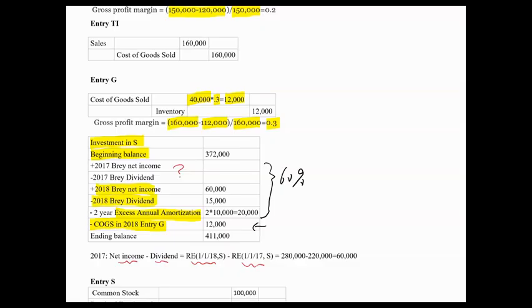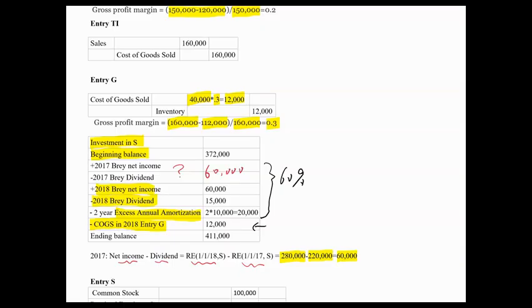At the beginning of 2018, the balance of retained earnings of the subsidiary company is 280, and then at the beginning of 2017, its retained earnings is 220. So $60,000 is the change of the retained earnings in 2017, which means that the net income minus dividend equals 60,000.